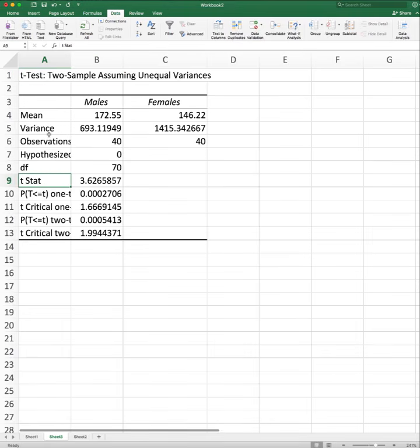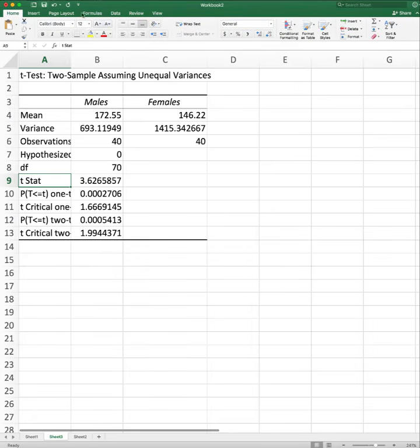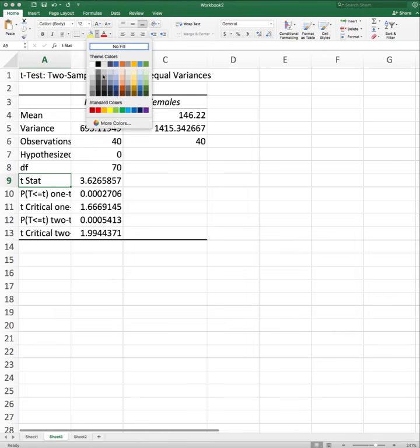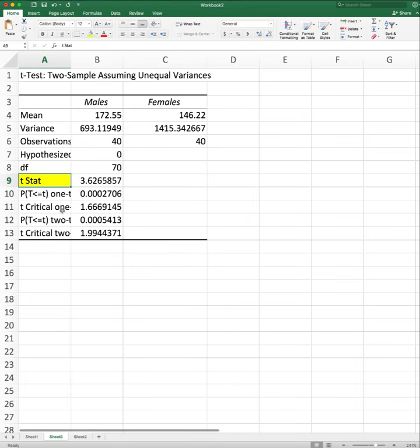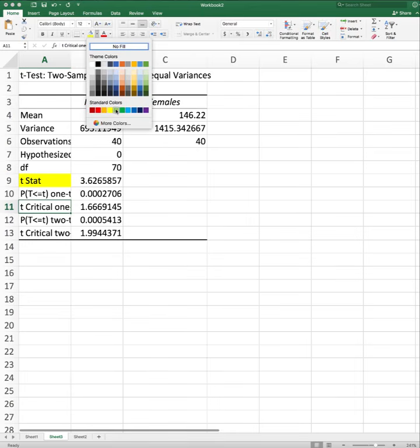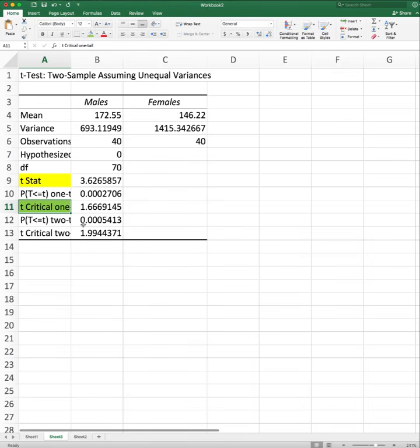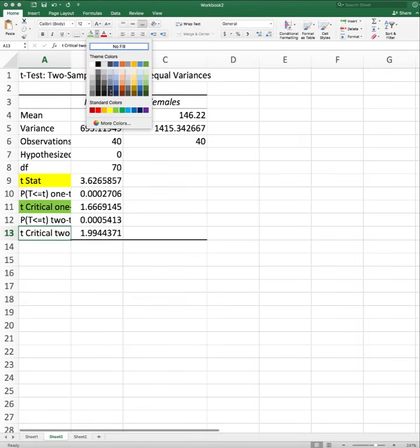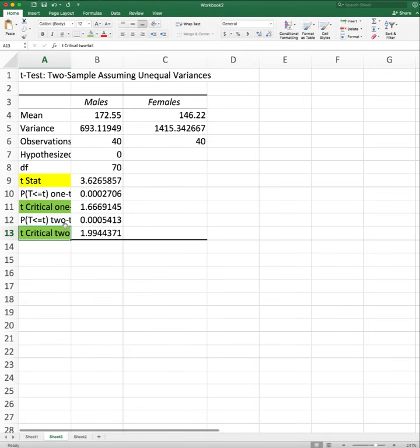Excel went ahead and computed the test stat, or the t-value, the sample t-value for you, and it provides 2 critical values. One for a one-tailed test. Remember, that is if you have a less than or greater than in the hypothesis, which we do, and one for a two-tailed test. Notice we didn't have to tell Excel which kind of test we were doing, just what the actual data was.